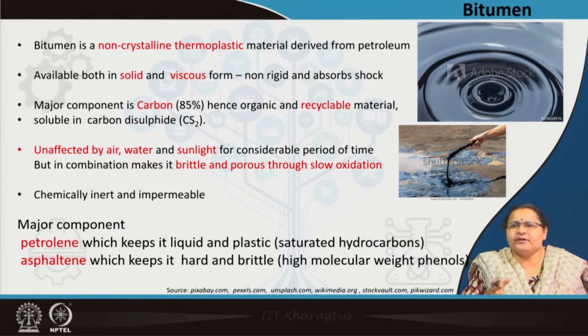It has a softening point, but not a melting point. So, it softens at a temperature and then you can actually work with it. As it is organic in nature, it is carbon, hydrocarbon rather, with very small traces of some sulfur, some other minerals.